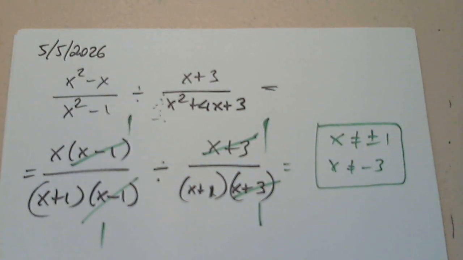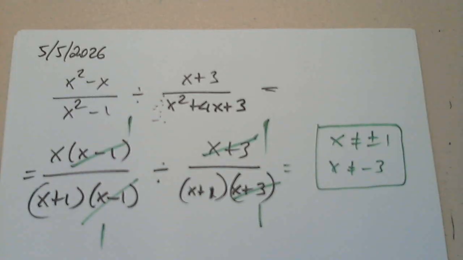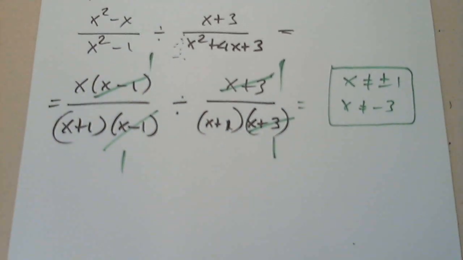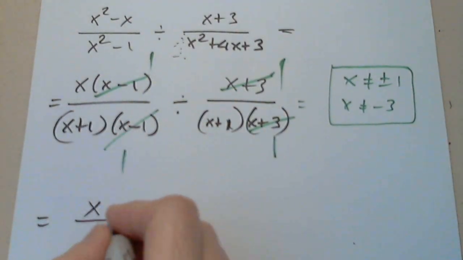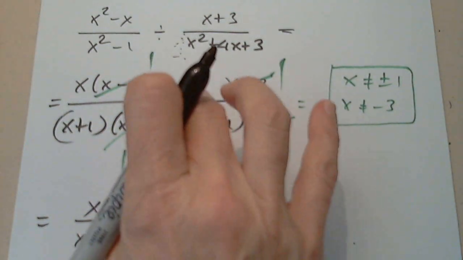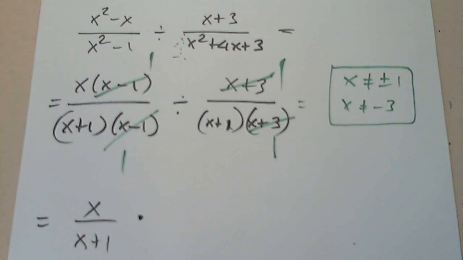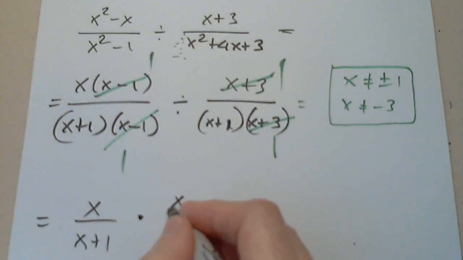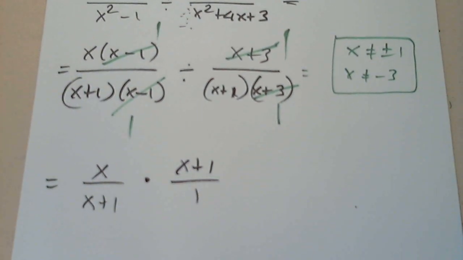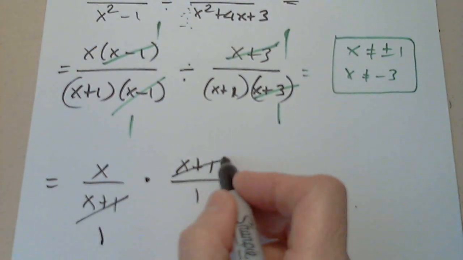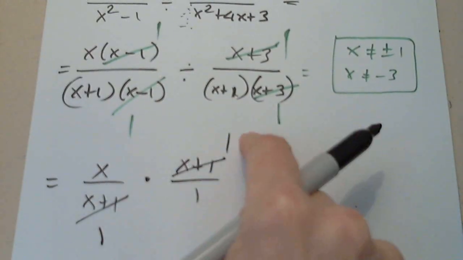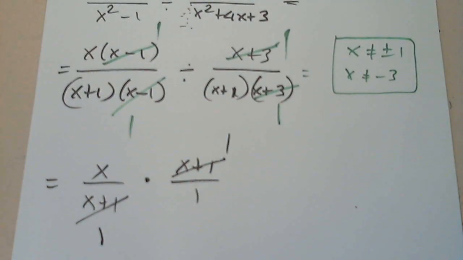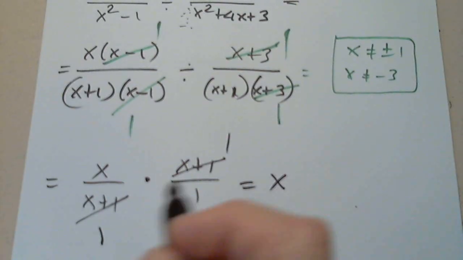So now after I'm done with that, and there is nothing else I can do individually for each fraction, then I will copy the first fraction, which is x over x plus 1. I have to change this into a multiplication, and now I have to flip into x plus 1 over 1. Now I am allowed to simplify across. And the answer is x.